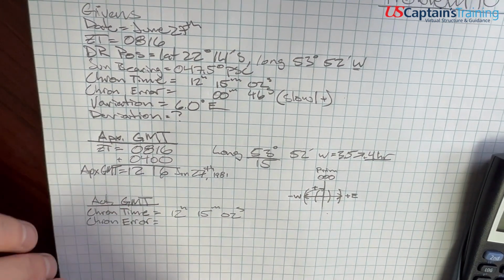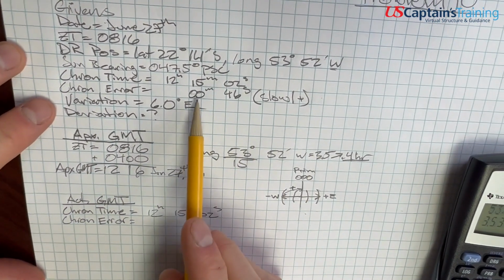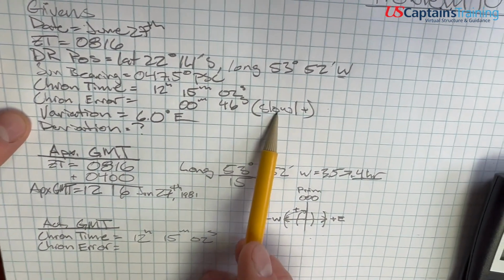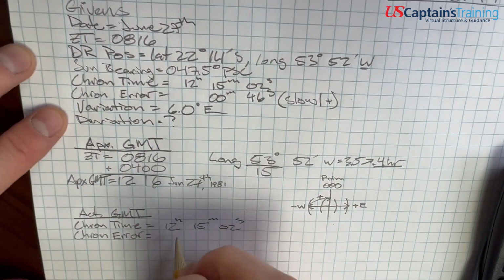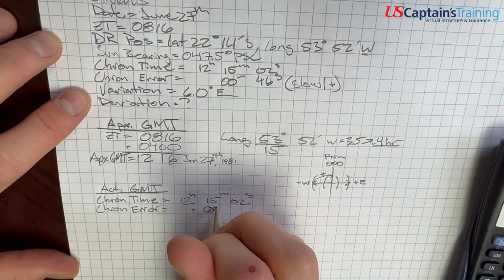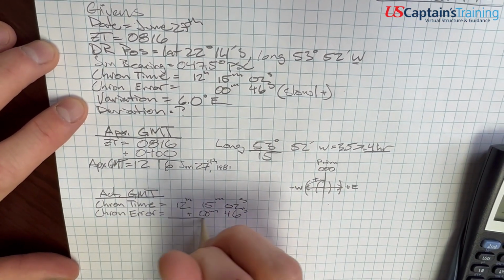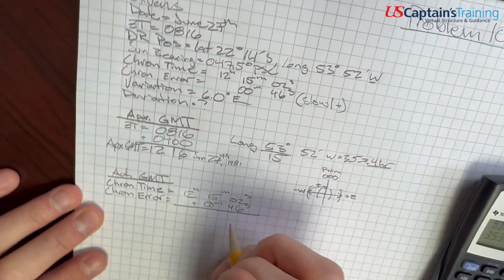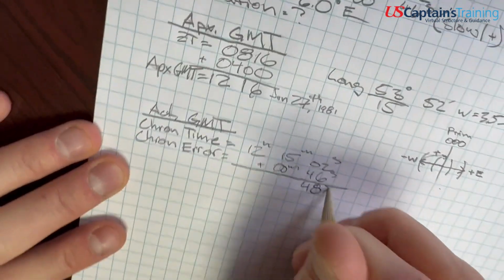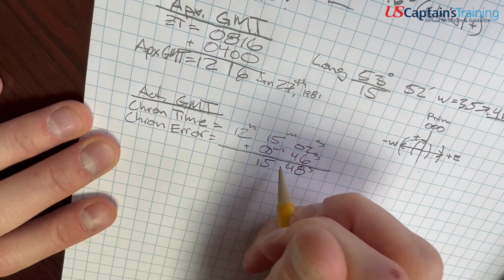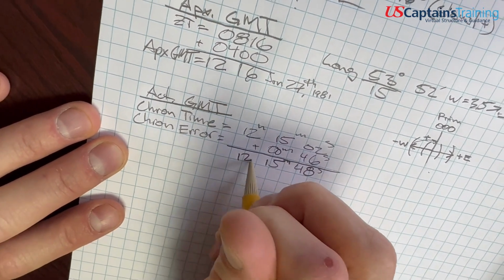We have to know whether we add or subtract. So the error is 0 minutes, 46 seconds, slow, so we add. So we're adding 0 minutes and 46 seconds. Let's add that up. 46 plus 2 is 48 seconds, 15 minutes, and 12 hours.